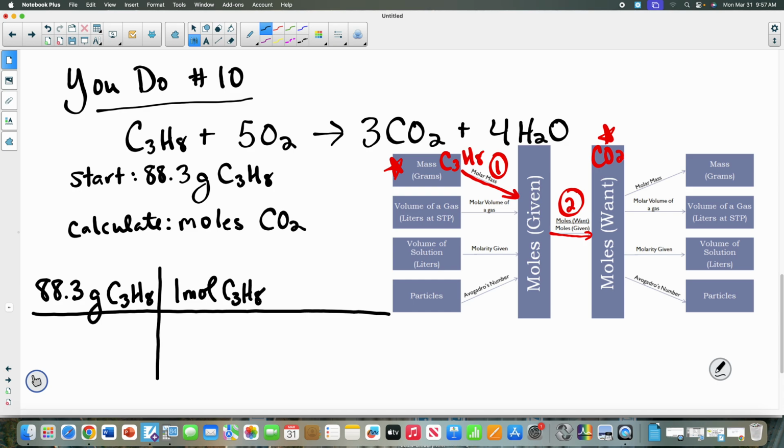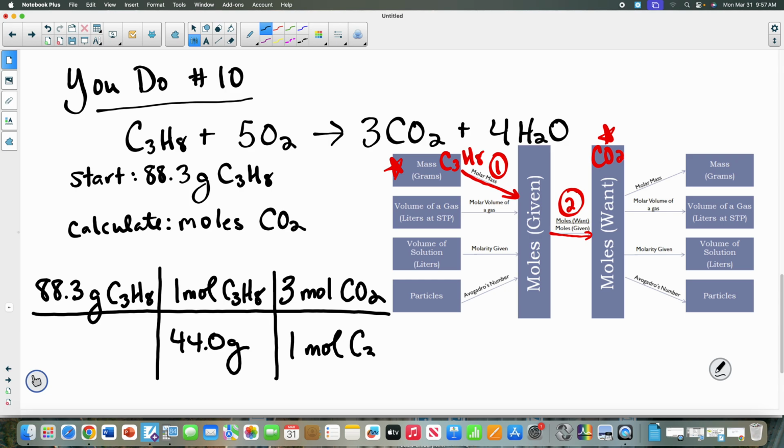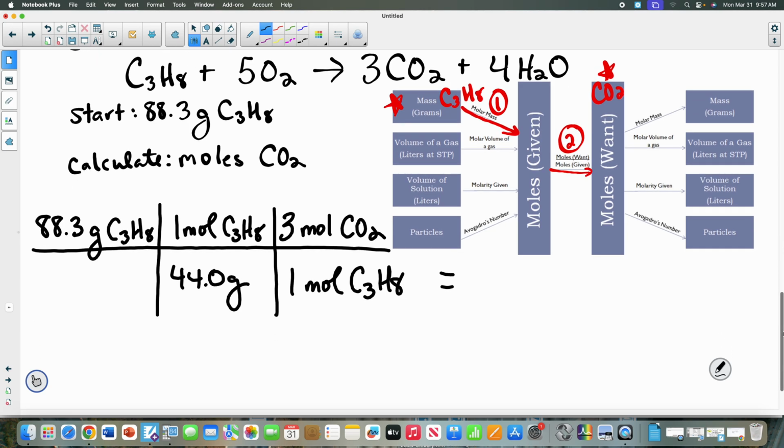What's that? 36, 44? Does that look like how you have it set up? Right? Step 1 is right here, it's your molar mass. Step 2, mole ratio. Look good?